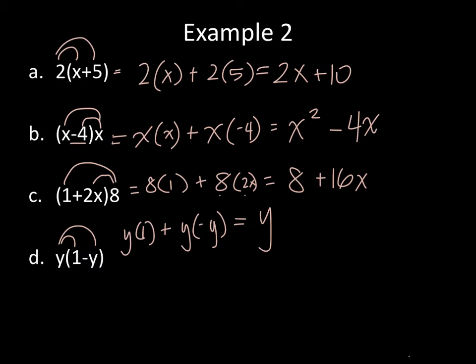And when I have y times negative y, multiplying the numbers, I can just imagine this is just 1 and negative 1, right? Whenever you have no number, you assume it to be 1, right? If it's negative, it'll be negative 1. So negative 1 times 1 is going to be negative 1. And then we have y times y, which is y squared. A nicer way to write this would be y minus y squared.